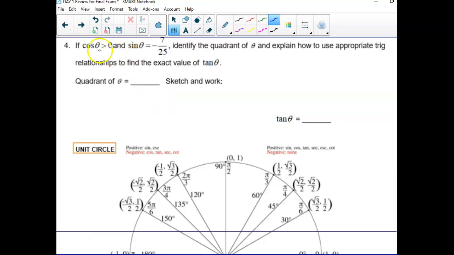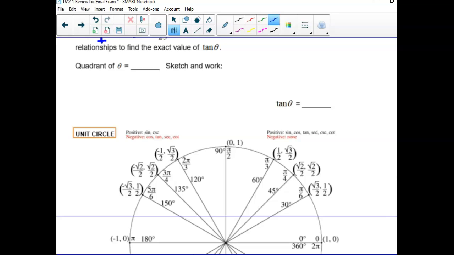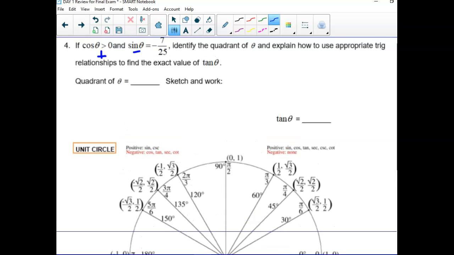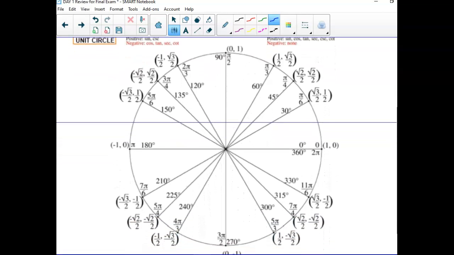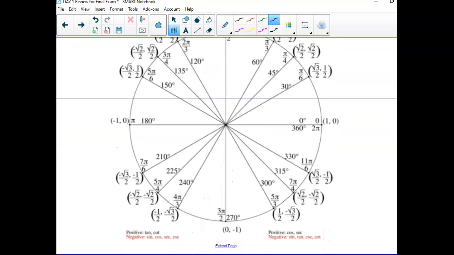All right, number 4 says if the cosine is greater than 0, everybody gets that means positive. Says the sine is negative 7/25, so the sine is negative. Guys, it lists them right on here. So if we need a cosine that is positive and a sine that's negative, we're in quadrant 4.